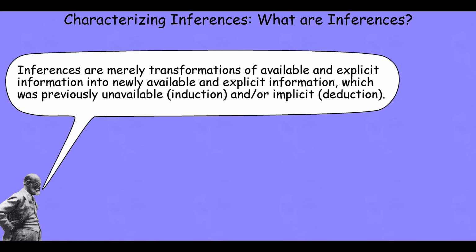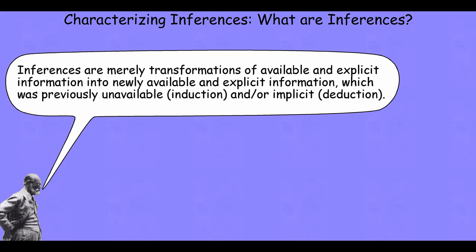So inferences are psychological processes that take information that's available and explicit to that process and then, through that information transformation, they generate newly available and explicit information for the purposes of adaptive behavioral responses, or as input for a second process, or as information that can then be stored in long-term memory.